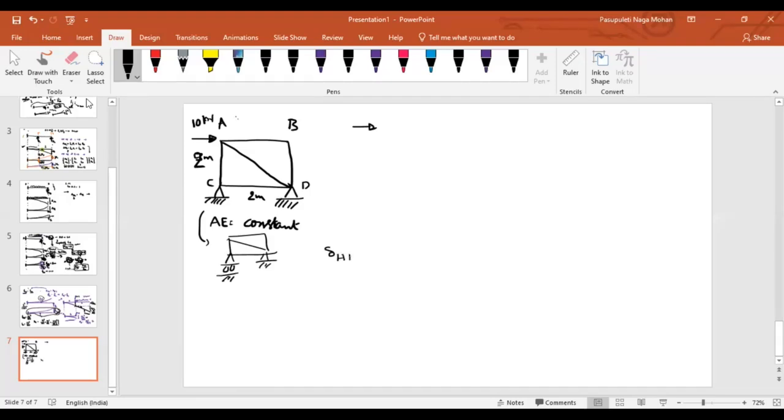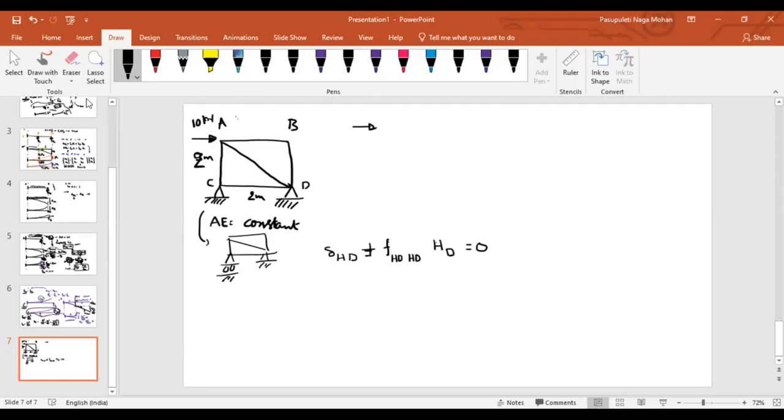Horizontal deflection at D will be equal to, plus or minus, it doesn't matter, plus flexibility of horizontal reaction at D, f_HD, times horizontal reaction at D. That should be equal to 0.